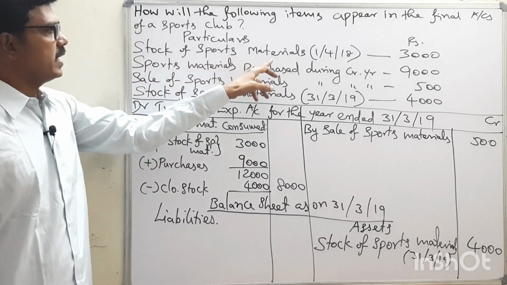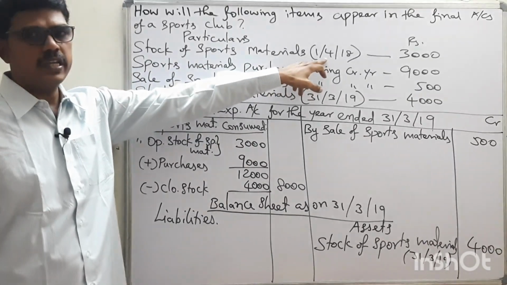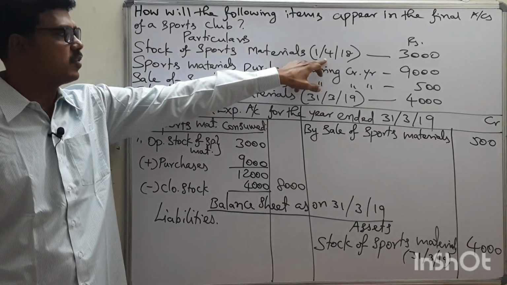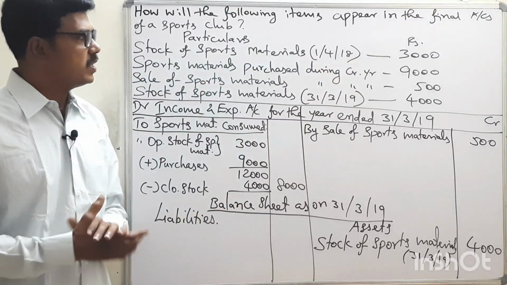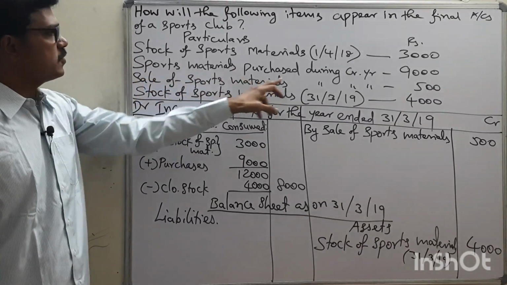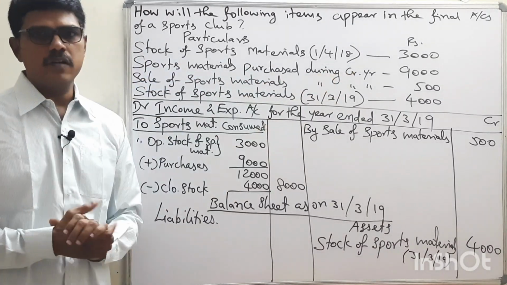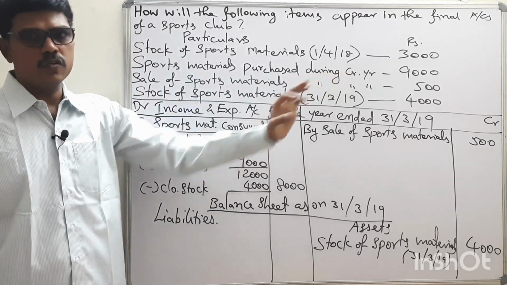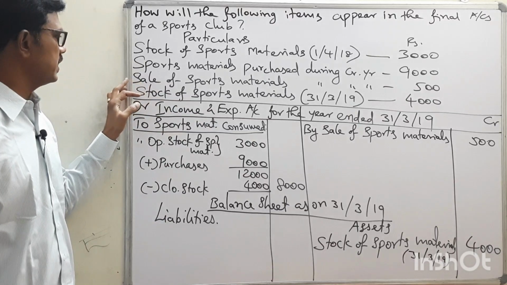Stock of sports materials on 1/4/2018. 1st April is opening, and the value is 3000. Then sports materials purchased during the current year. During the year the club has purchased for 9000 rupees.